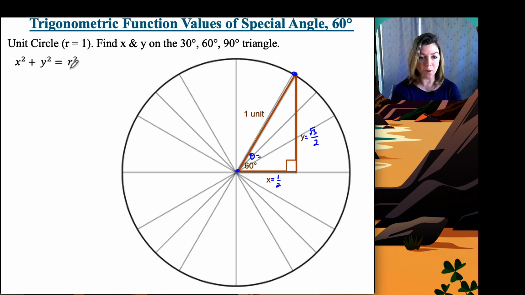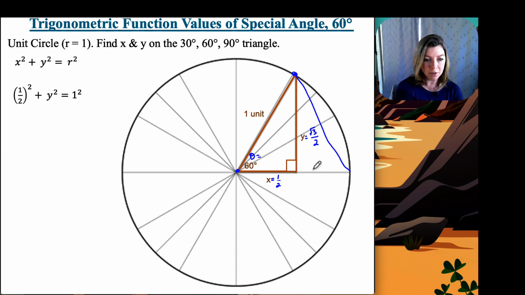X squared plus y squared equals r squared. We had found that x in this case was only half. Okay, let me just elaborate on this work here. We, just like last time, would construct an equiangular triangle. So the 60, 60, 60.